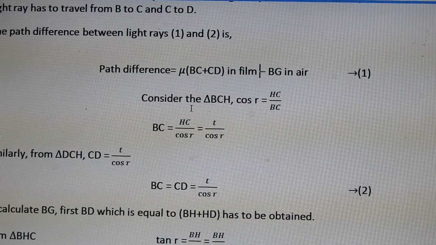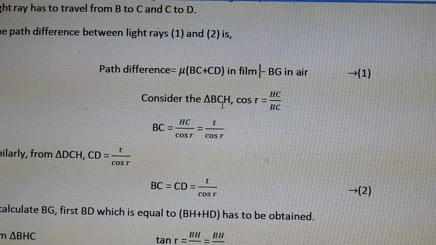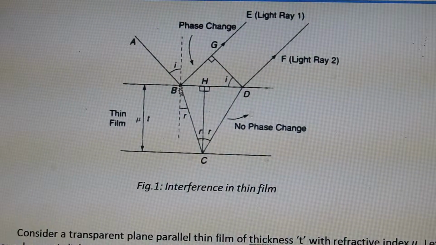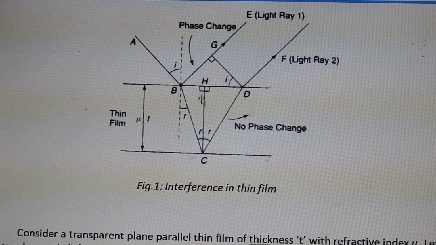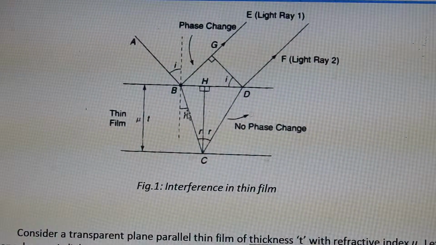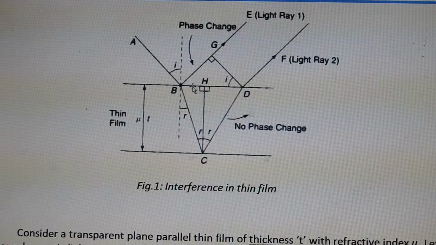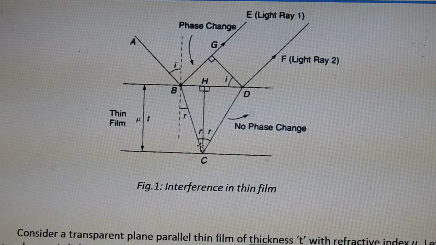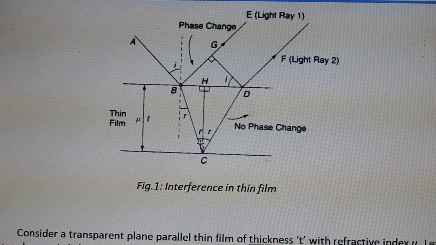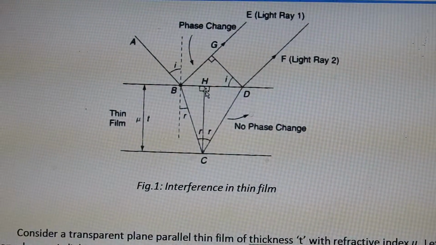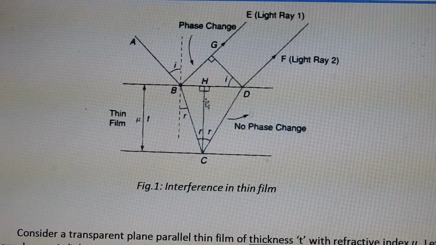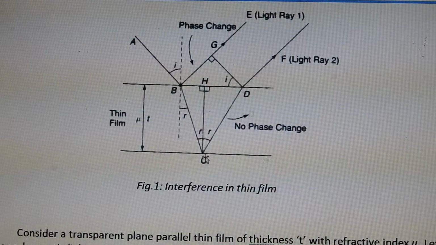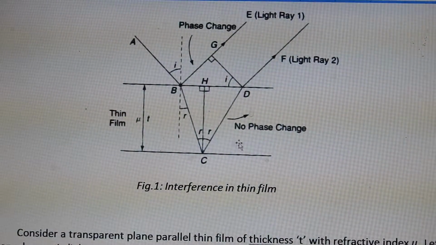So consider triangle BCH. We are taking this triangle. Here the angle of refraction is r, and we know the thickness of the film is T, so CH is T. I know this side and this angle, so I need to take cos.